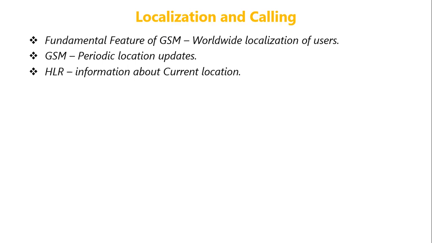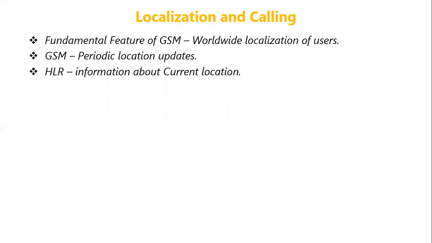It means that at least the user should be logged in to the GSM network and not completely switched off. If he is just logged in, that is enough. GSM will keep monitoring his location at periodic intervals, because the network should know where the user is so that the user can be connected.